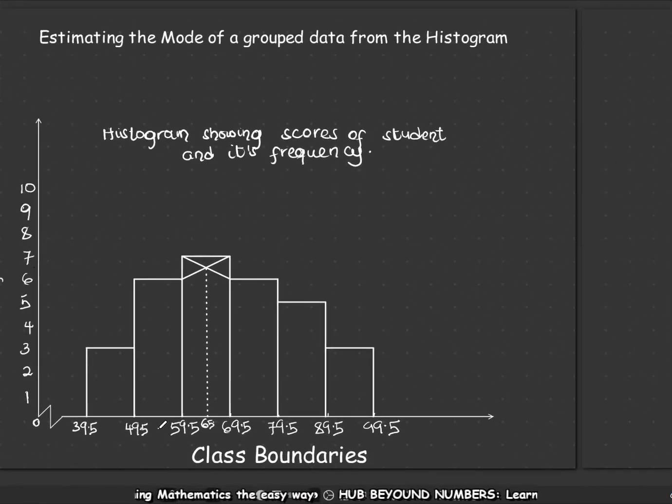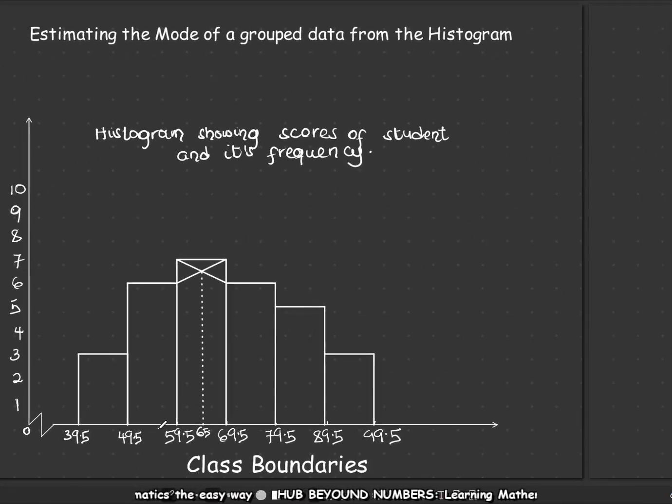Let's quickly go over. To get the modal class from a histogram, you always look at the class with the highest frequency. Once you have the class with the highest frequency, which is your modal class, you now want the mode itself.